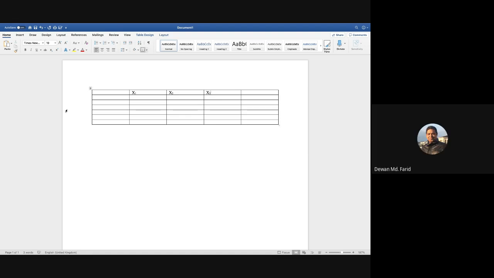And columns mean input features, variables, parameters, whatever. So these values are independent. These X1, X2, X3 are the column names, and they are not dependent on each other or anyone. So they are independent. We say this is an independent variable or independent input feature. Is it clear?